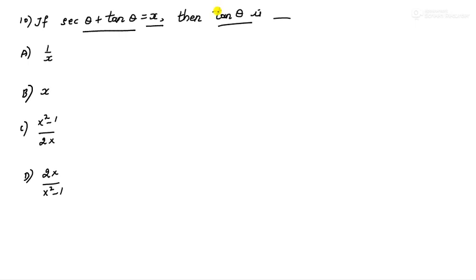So see, whenever you get a question like this, you have to apply an identity. Sec and tan are represented by which formula? 1 plus tan square theta is equal to sec square theta. Correct? Now if I transfer this to RHS, it becomes 1 is equal to sec square theta minus tan square theta.